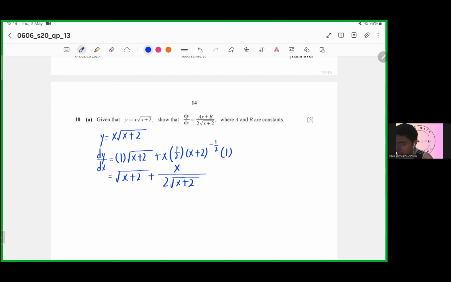Then we need to make sure they have the same denominator, so we need to multiply.